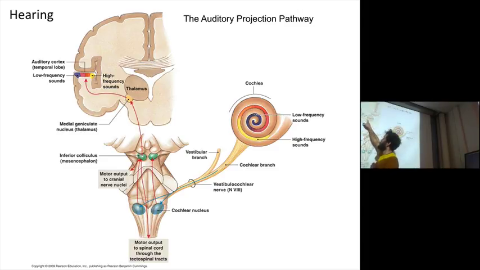So from the thalamus, you get a projection into the temporal lobe, right along the side here. It's not a somatotopic map, but it is an auditory map of sound frequency that you see in the cortex there.